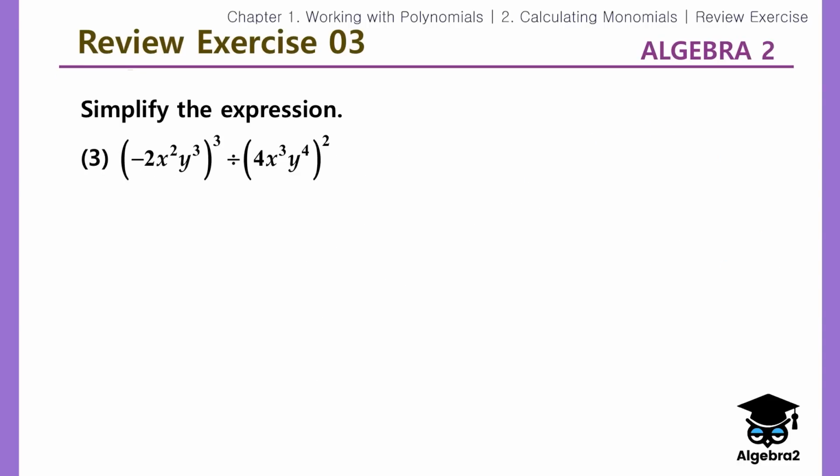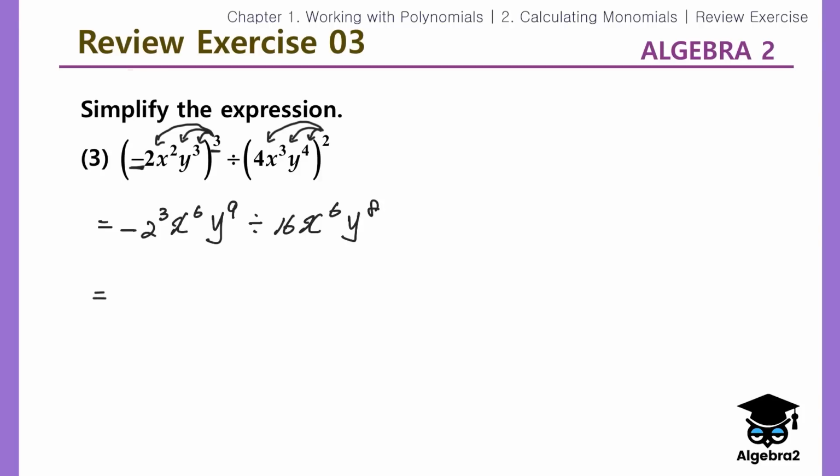Number 3, let's eliminate those parentheses first. So that is equal to negative 3 times. That's a negative, right? So we have 2 cubed and x to the 2 times 3, that's x to the 6, and y to the 9, 3 times 3, divided by 4 squared, that's 16, x to the 3 times 2, that's 6, y to the 4 times 2, that's 8.